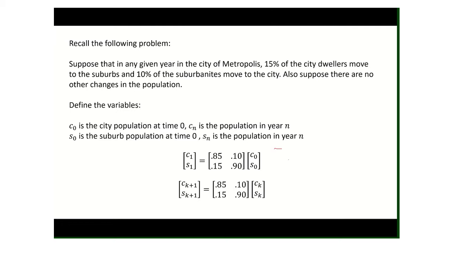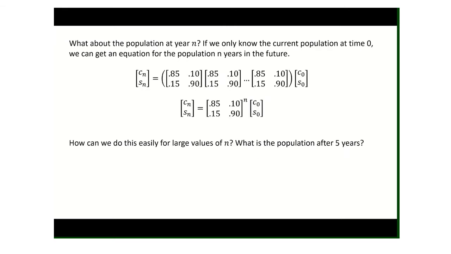And we saw how to create these equations, where you're transitioning from year 0 to year 1, or more generally, transitioning from year k to year k plus 1. Remember we also saw that if you want to project a few years into the future, you started with your year 0.